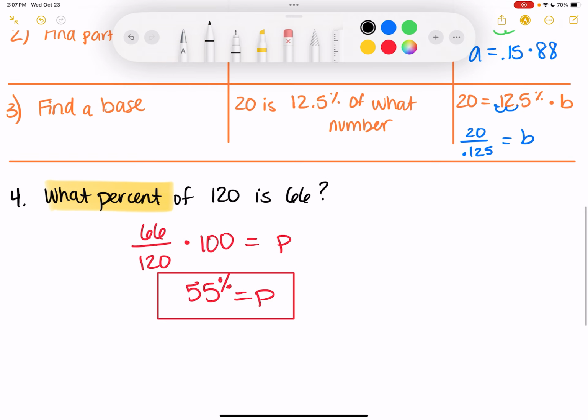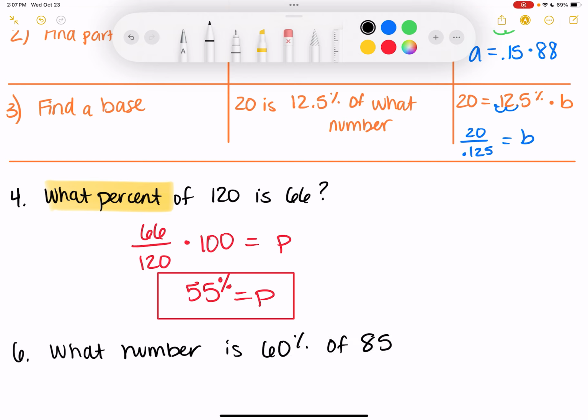So let's see. Number 6. What number is 60% of 85? So if we're looking at what number, okay, then is 60% of 85.